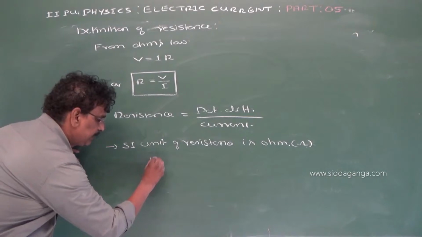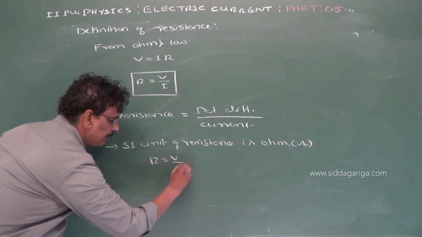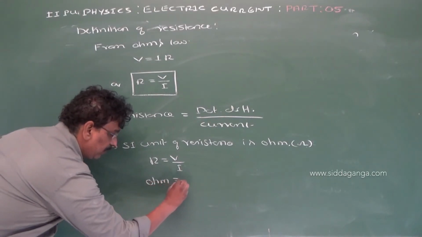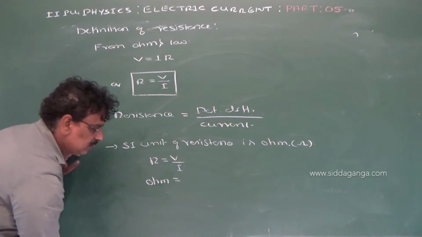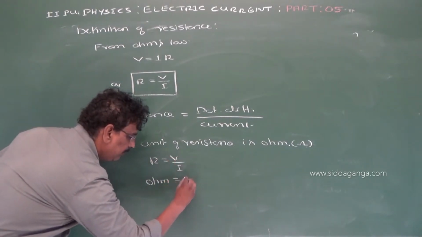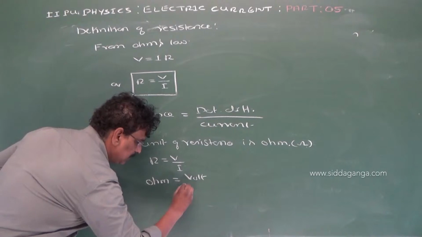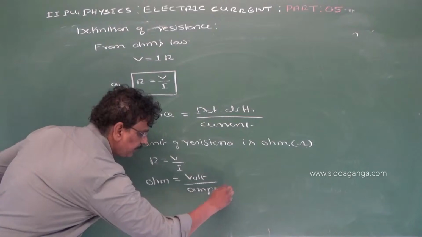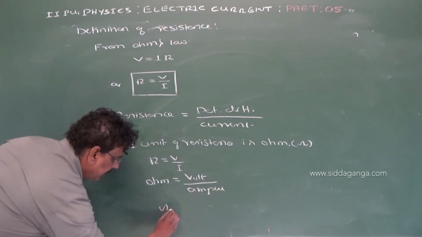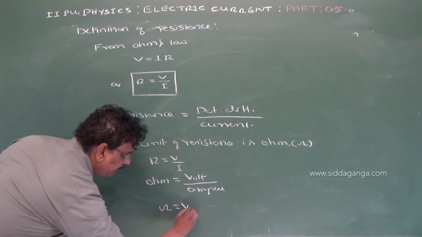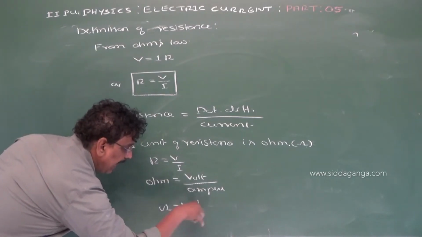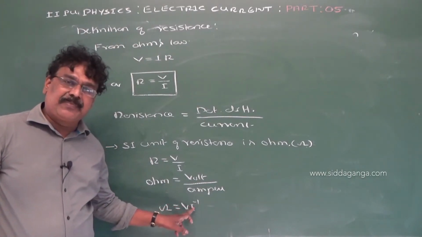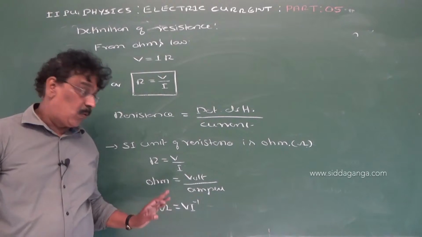Now again, by definition we have R is equal to V by I. Ohm, the unit of electrical resistance, is equal to the unit of potential difference, that is volt, over the unit of current, that is ampere. So ohm is an equivalent unit of volt per ampere. Actually the unit is volt per ampere and it is named as ohm.